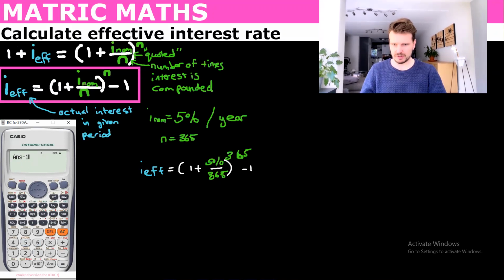Actually, let's go back, sorry. Oh, too late. Minus 1 equals, and so we get I effective. Oh, and we just need to times it by 100 to get our percentage.